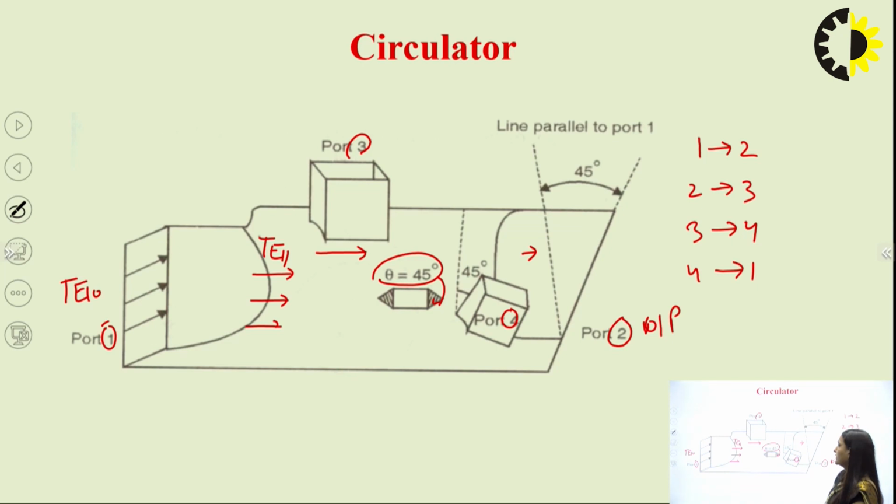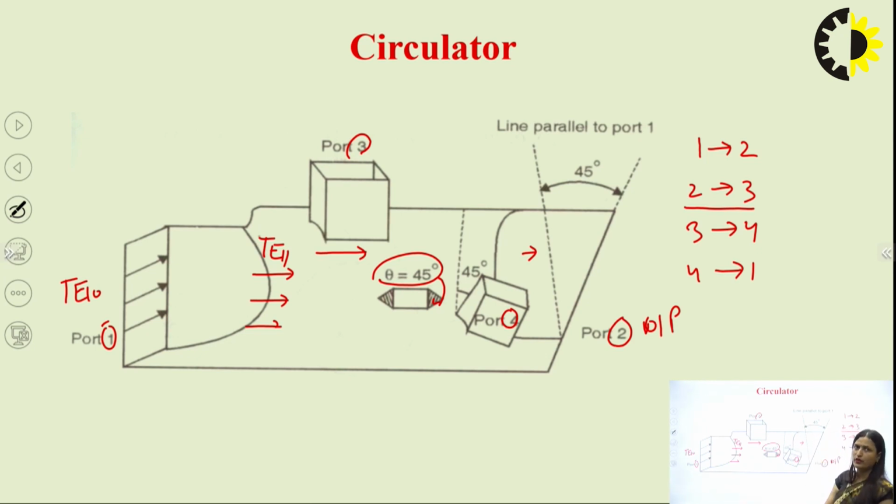So I can take another example: if a wave is entering from port number 2, right? This is at an angle of 45 degrees and it comes to port number 4. So this 45 degrees plus 45 degrees means this is 90 degrees. So the wave entering from port number 2 is perpendicular to port number 4.